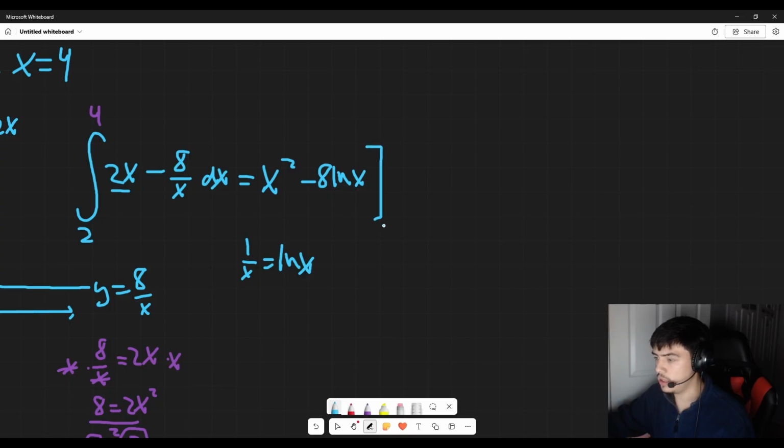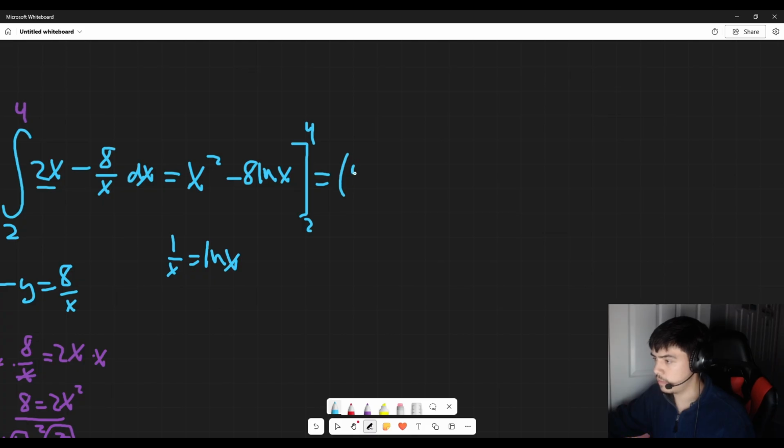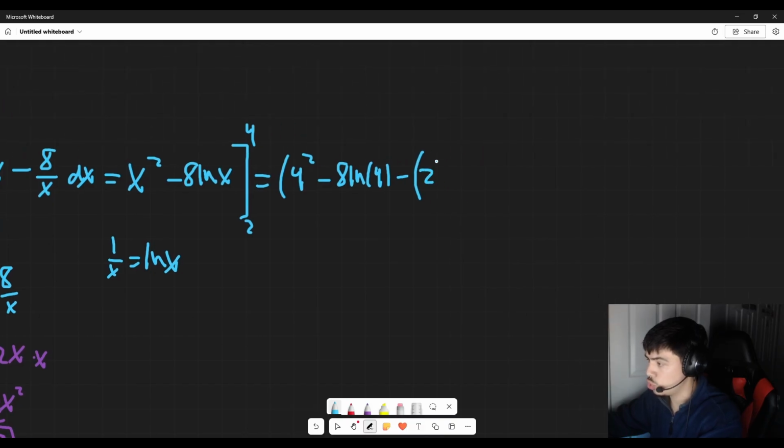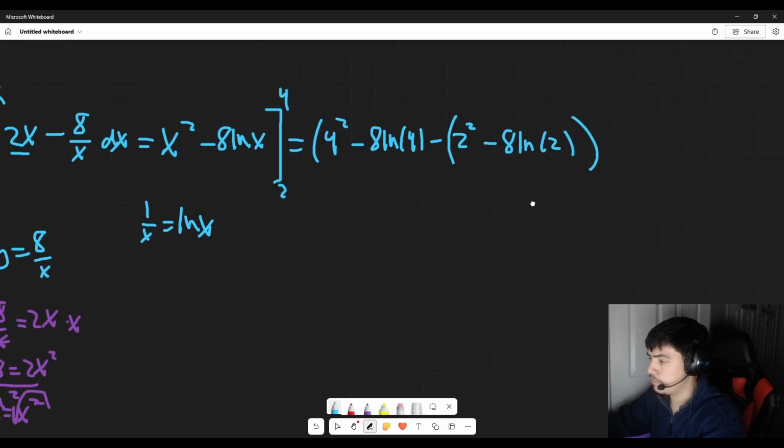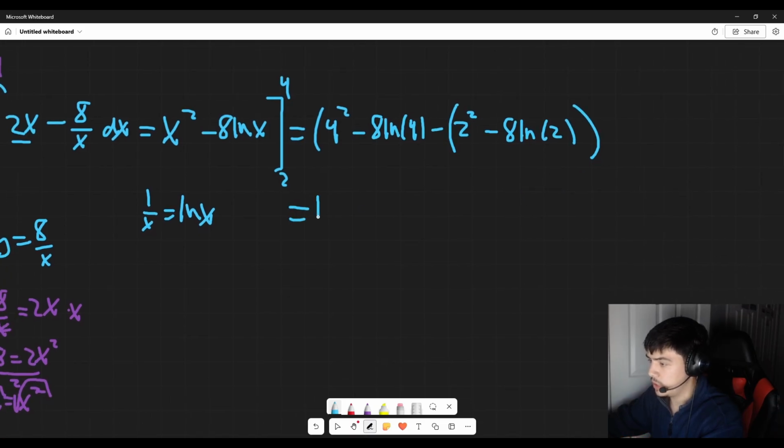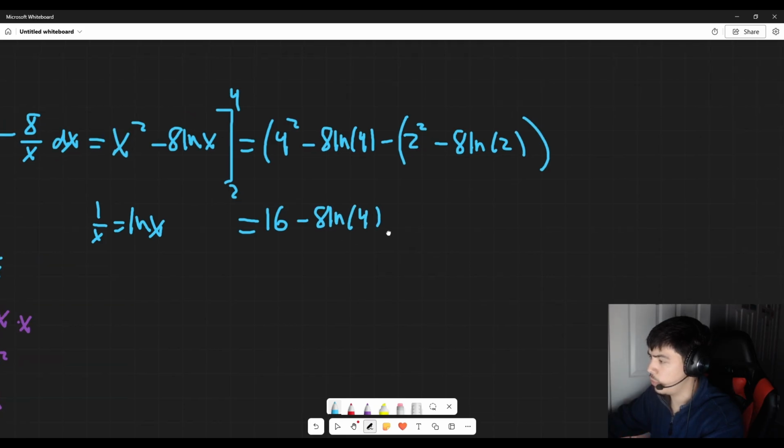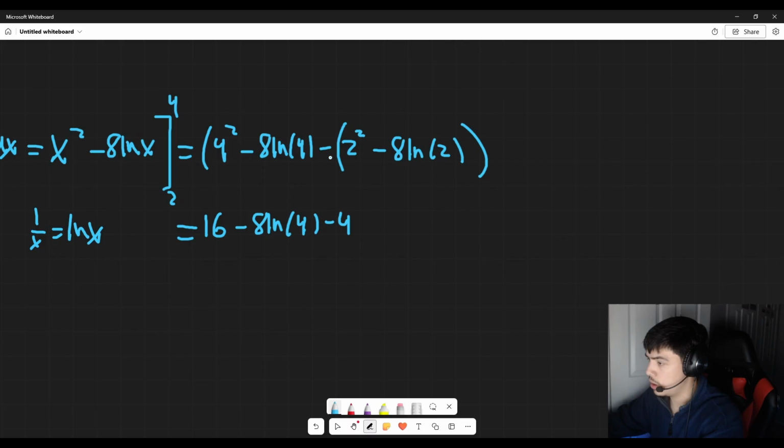Now, evaluating it from 2 to 4 gives us 4 squared minus 8 ln of 4, minus, now our bottom bounds, 2 squared minus 8 ln of 2. Simplifying this, we get 16 minus 8 ln of 4 minus 4, right?